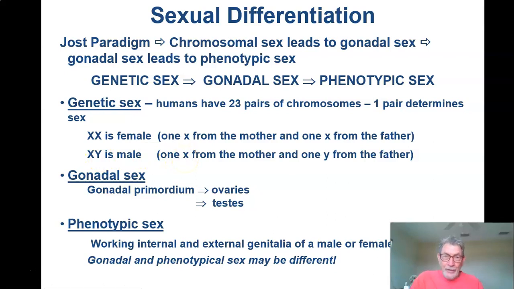The mother only has X's, so she can only give you an X. She'll give you one of her 2 X's, and the Y then has to come from the father. The father is XY, so there's a 50-50 chance he'll give you an X and you'll become a female, XX, or he'll give you the Y and you'll be an XY. So it's actually the guy who determines whether you have a boy or a girl child.